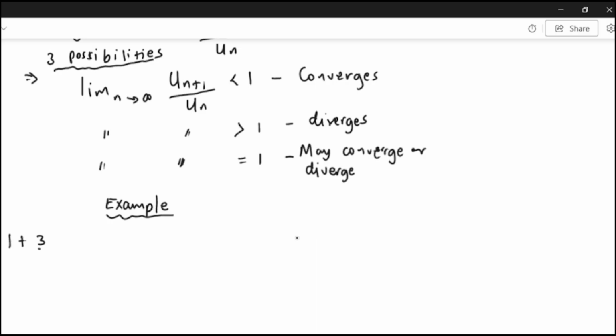The series is 1 plus 3 over 2 plus 5 over 2 squared plus 7 over 2 to the power 4 plus, and that series is an infinite series.